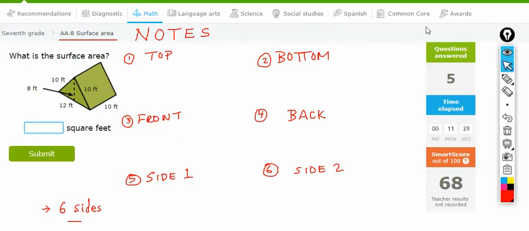Alright, so again, I'm gonna have to work this out piece by piece. So the top and the bottom, we don't have a top, so this only has 5 sides, because we got the bottom, we don't have a top.